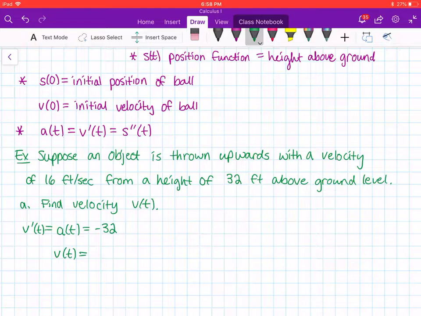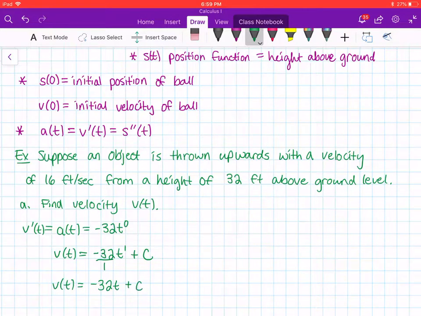Remember, we have an imaginary x to the 0; technically it's a t, because our variable is t. So we have negative 32, and we add 1 to our exponent and then divide by the new exponent, and then we have plus c. So v of t equals negative 32t plus c.